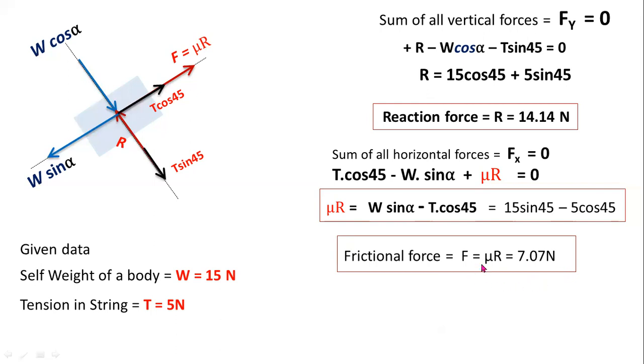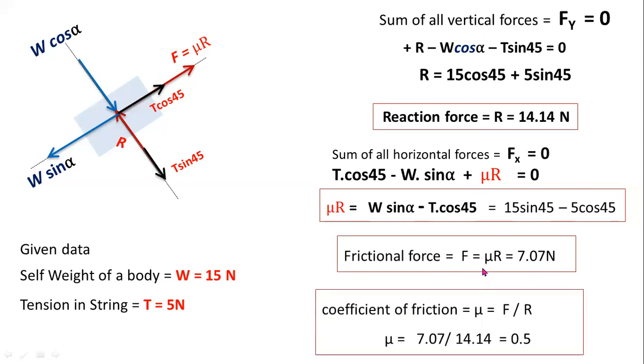After getting the frictional force, you have to determine the value of coefficient of friction mu. From this equation, the coefficient of friction mu equal to frictional force divided by reaction force. Already we know the value of friction force and the normal reaction. Substitute these values in this equation. Finally, you can get the value of coefficient of friction between the block and plane.